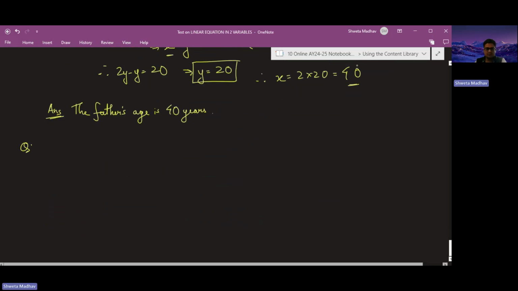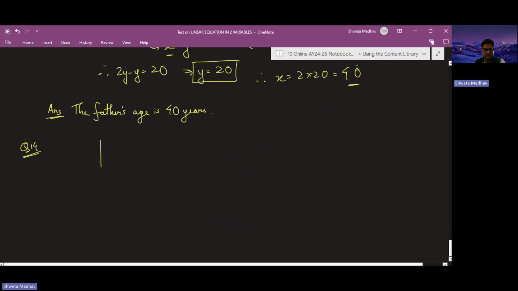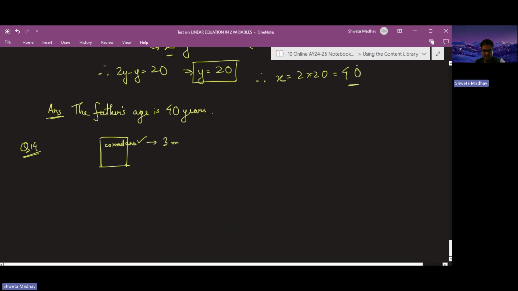Then in question number 14, it has been told that Yash scored 40 marks in a test, receiving 3 marks for each correct answer. So for each right answer, he will get plus 3 marks.